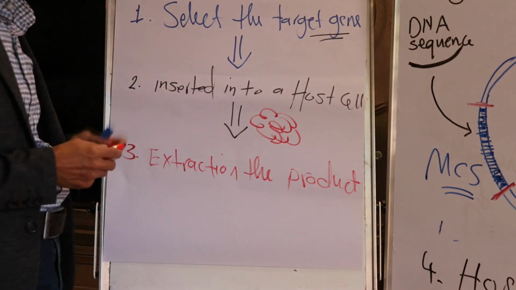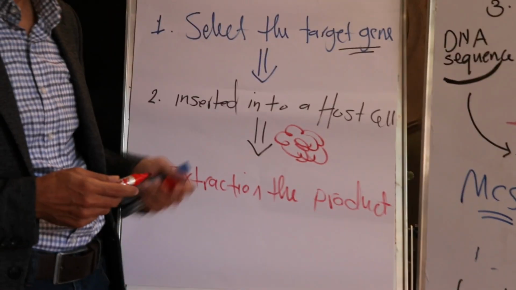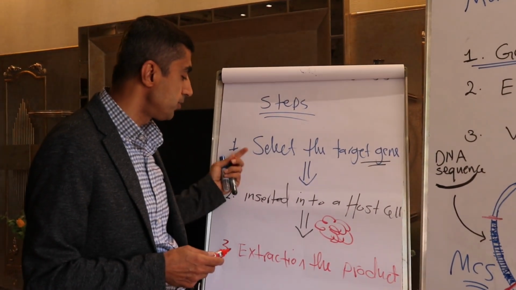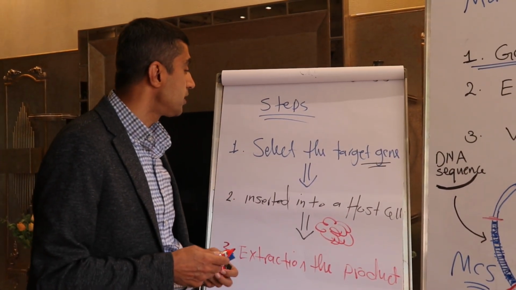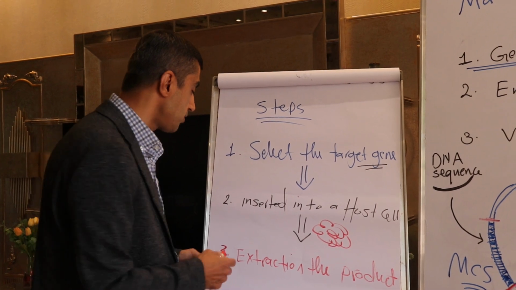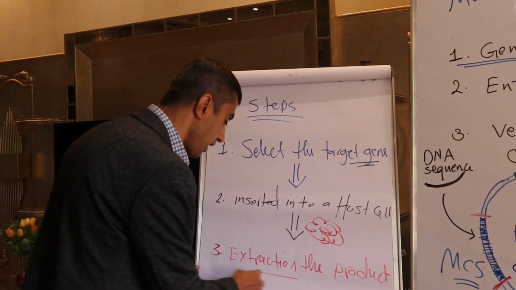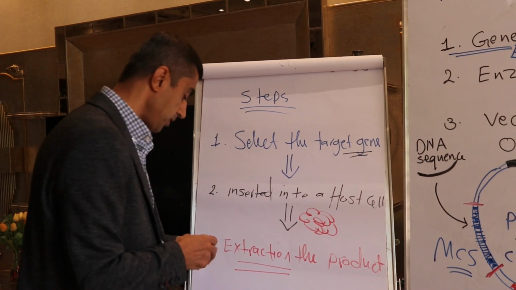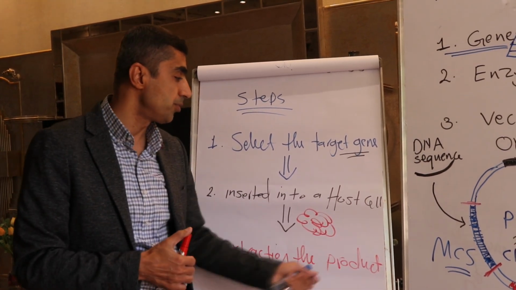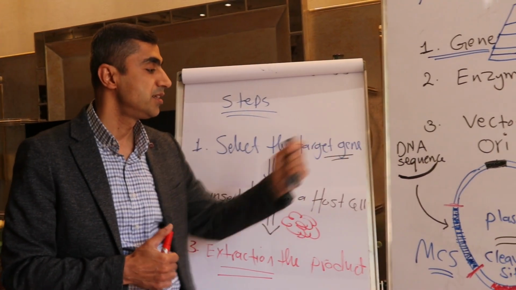These are the main steps for doing recombinant DNA or for doing cloning. Next, we will focus on how we can extract the desired product for the targeted sequence.